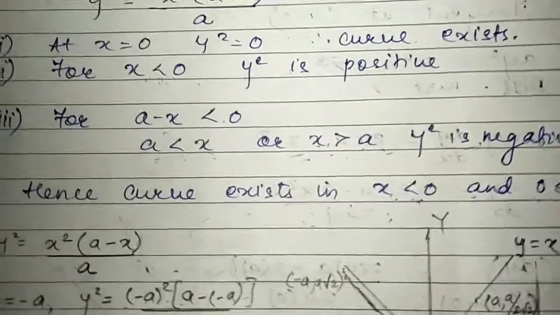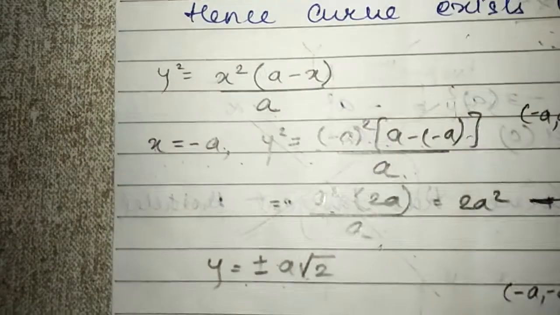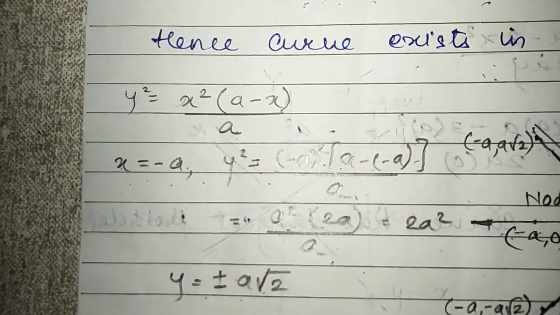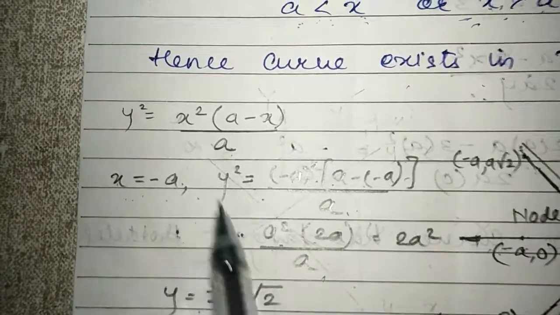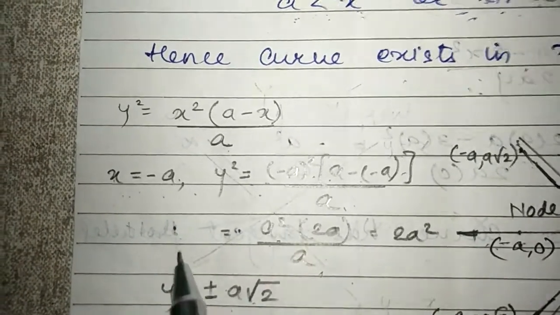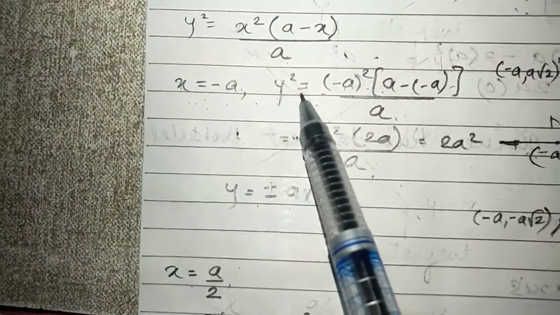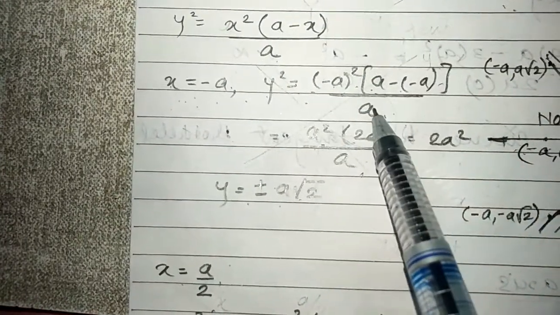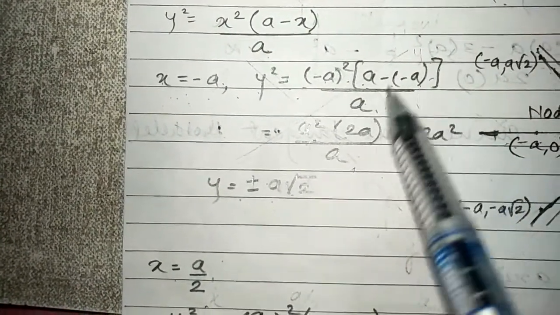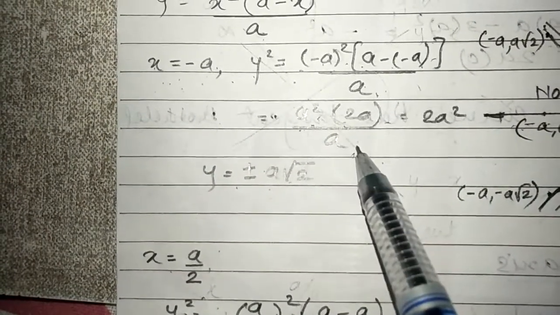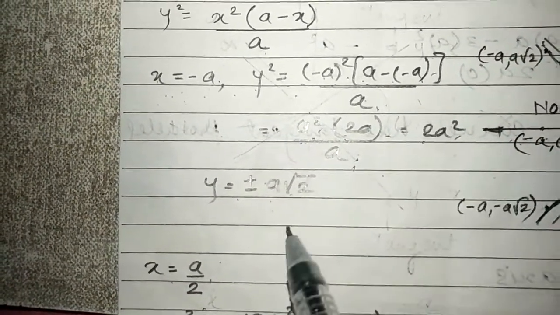Now for the ease of plotting the curve, we'll find some points on the curve. Now this is the equation of the curve. The curve exists for the value of x less than 0. So suppose we have x is equal to minus a. Then y square will be (minus a) whole square into (a minus minus a) upon a, which is equal to a square into 2a upon a. So it is ultimately 2a square.